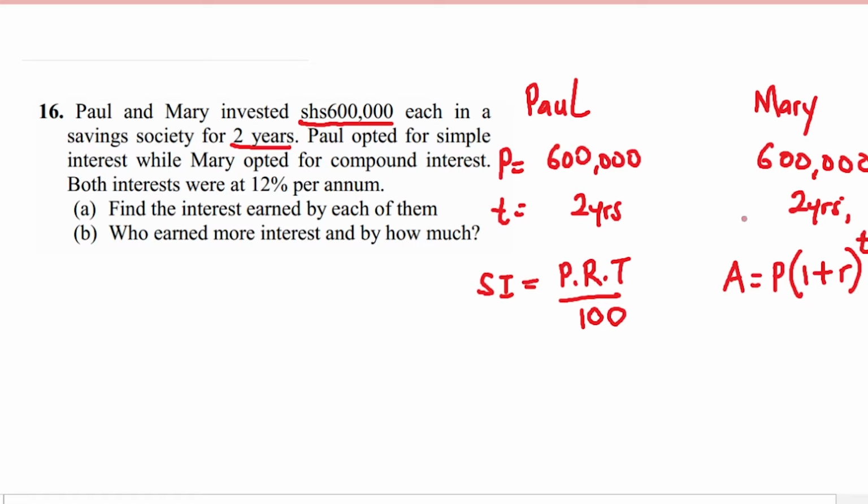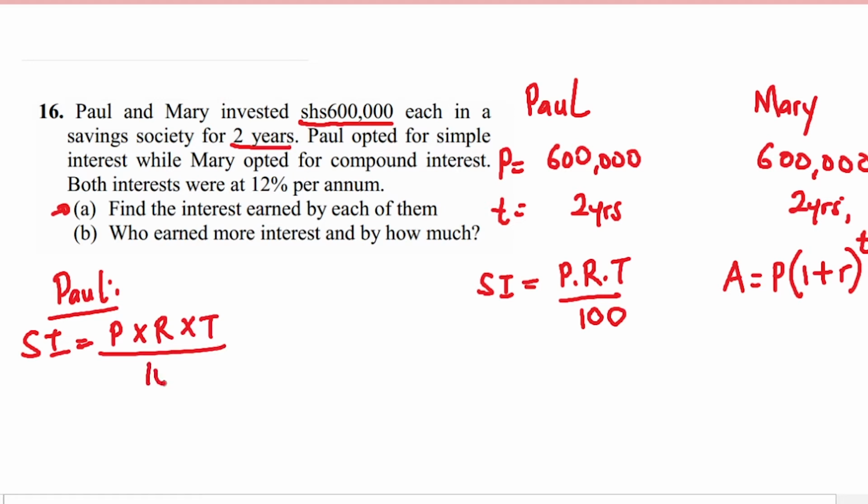So let's get started. In part A, they're asking us to find the interest earned by each of them. Let's look at the interest earned by Paul. Since for him simple interest is principal times rate times time, divided by 100. Of course, that 100 is as a result of this R. The rate is always out of 100.